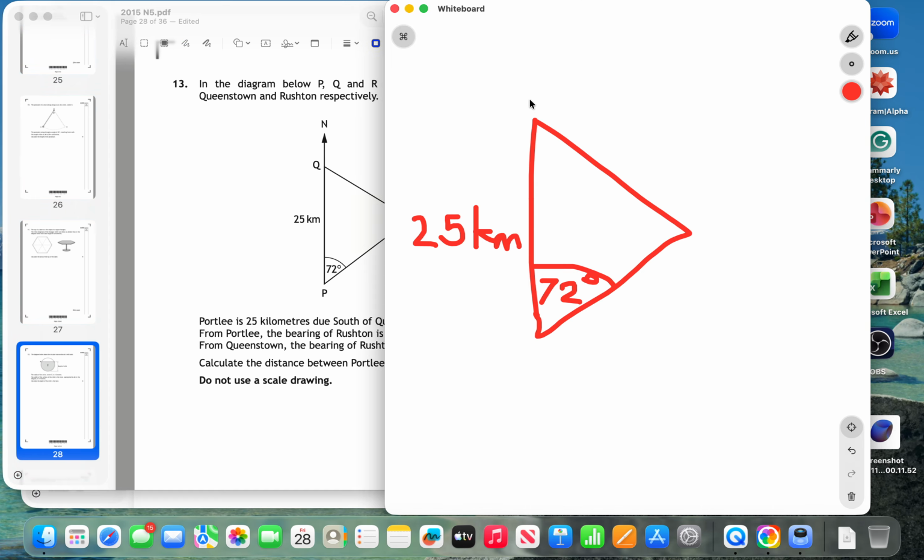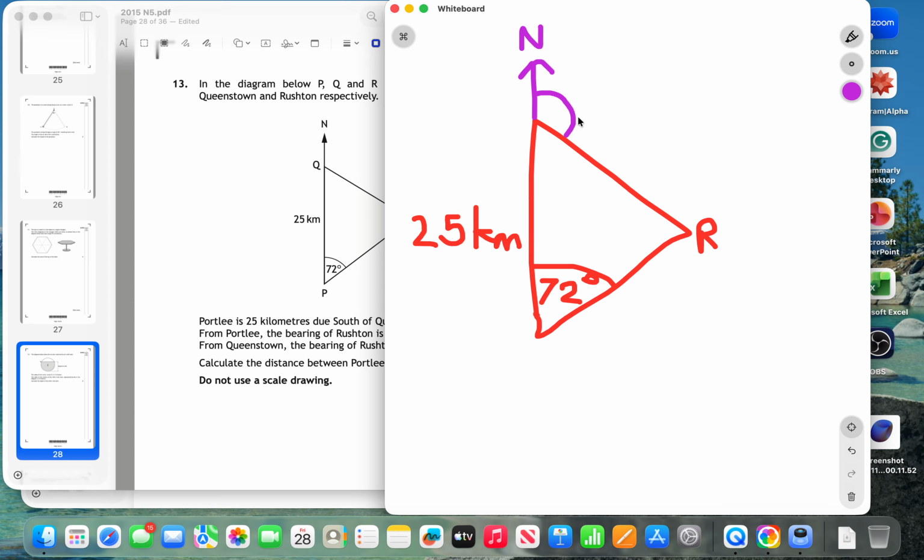So what that means is you have this pointing up. So the bearing of Rushden. So you start north at Queenstown and you go along until you meet Rushden.